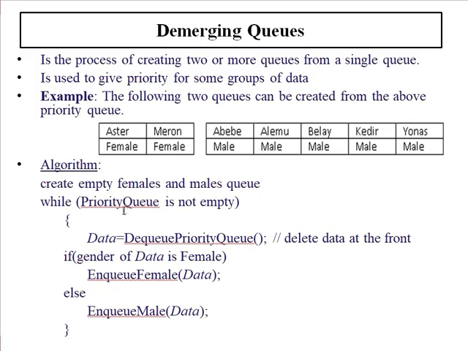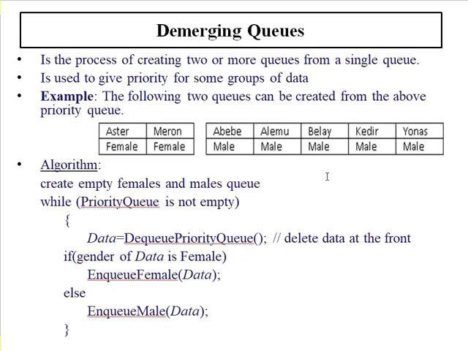For creating such sub queues, we should consider the priority level though. Until the priority queue becomes empty, we just create sub queues based on the number of priority categories.